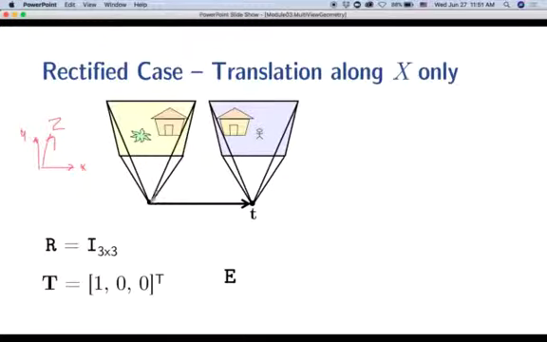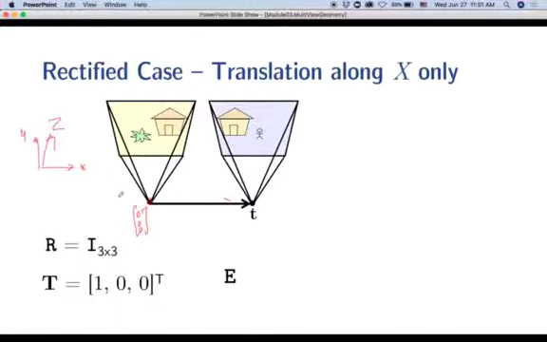This was the canonical camera, so it's at 0, 0, 0, and then for the other one there's no rotation, there's only translation along the x direction.